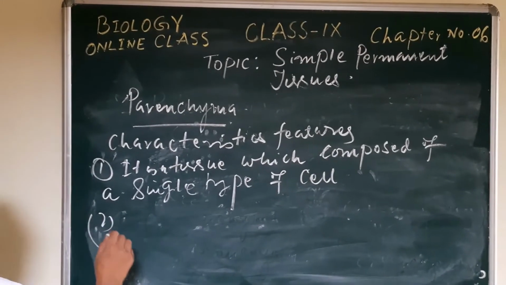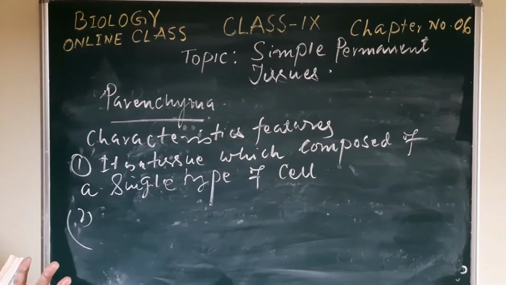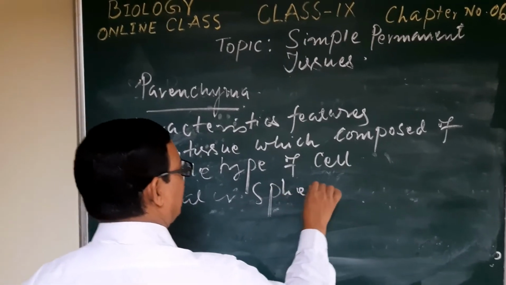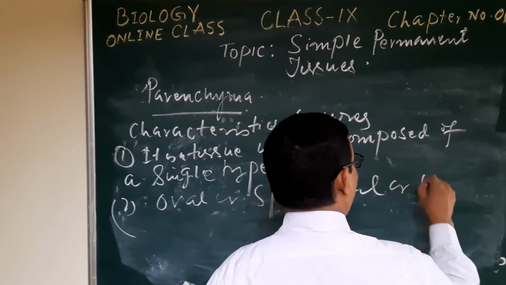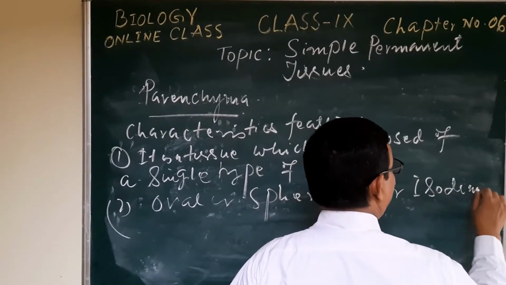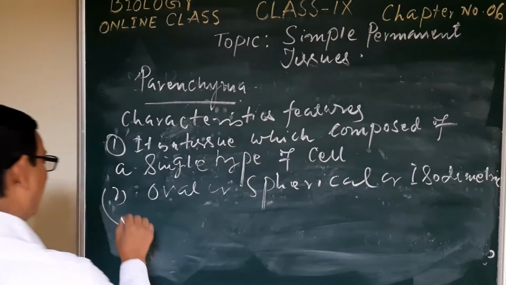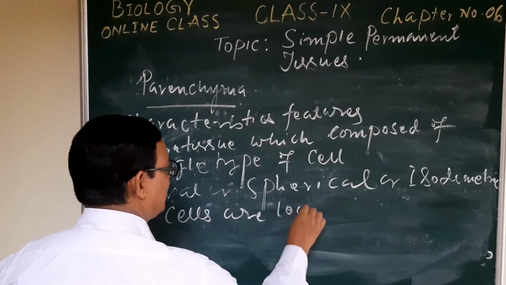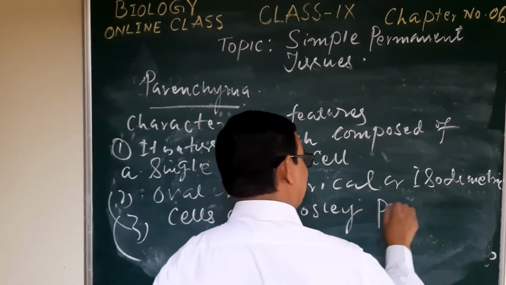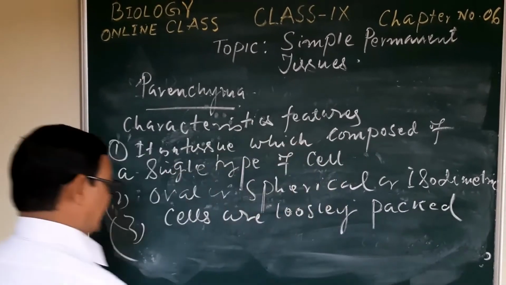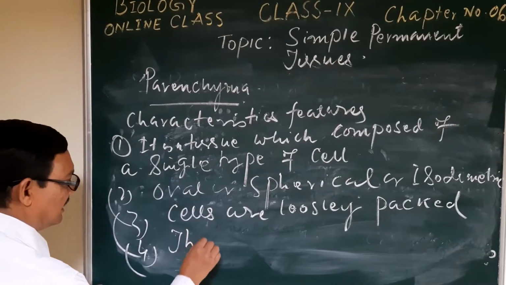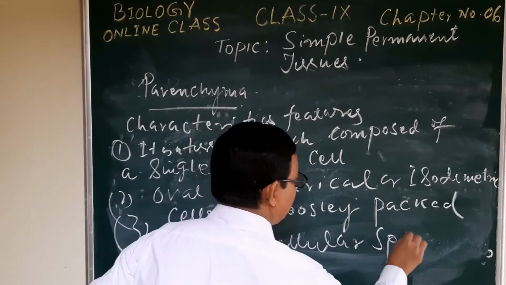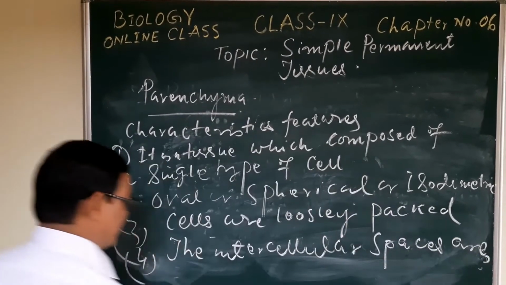And number 2, regarding the shape of the cell, it is oval, spherical, isodiametric. The cells are loosely packed or arranged. The intercellular spaces are present.